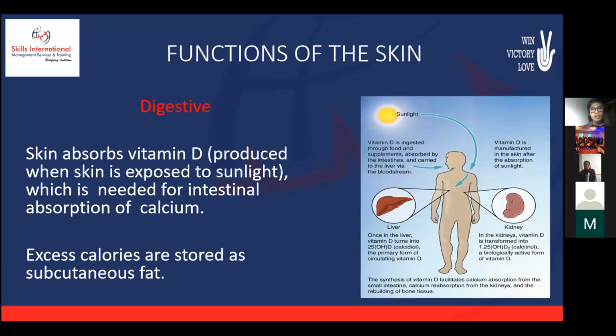So, for the digestive system naman, we all know that yung mga lining ng organs natin is connected. Kasi lahat naman sila made out of cells and tissues. So, for the digestive, the main reason for the skin is helping our digestive system is through the conduction or pagkuha niya ng vitamin D from the sun.